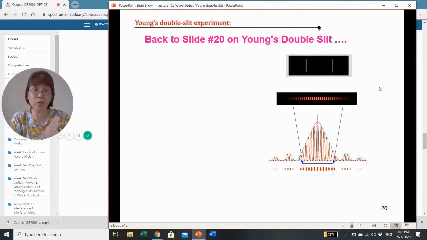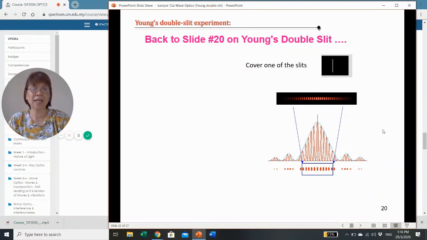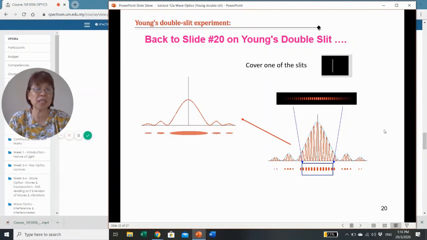Let's cover one of the slits. What's going to happen? You will not be able to see these red fringes. Instead, you will see a pattern with a bright central maximum and very low intensity at the edge, which is the blue envelope pattern here.